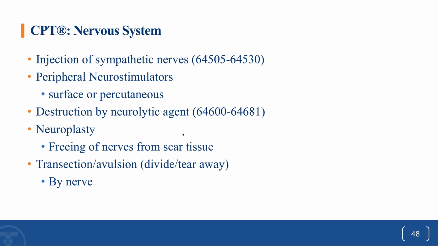Chemodenervation of one extremity. So I guess you need to know how many extremities. And it says one extremity, 1 to 4 muscles. So how many extremities? How many muscles? And then there is an add-on code for additional extremities. So don't get the extremities confused with the muscles, because that's one extremity, and then additional extremities.